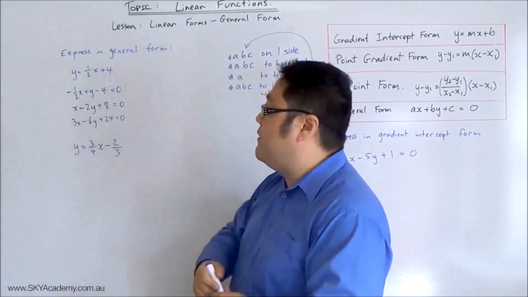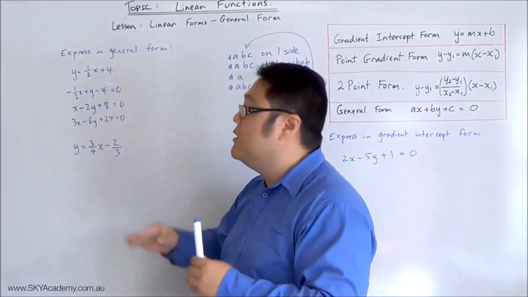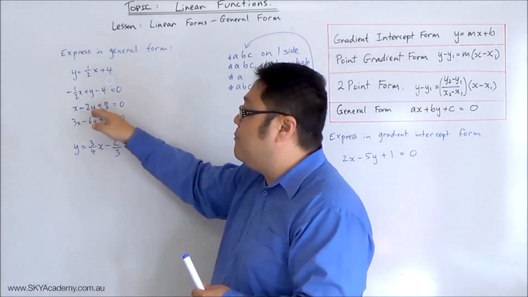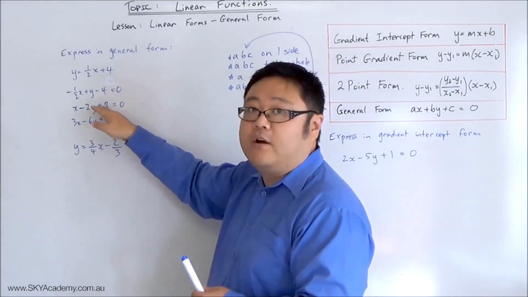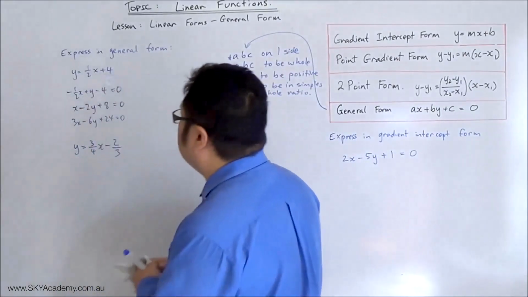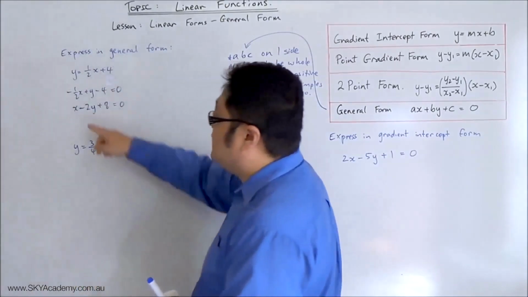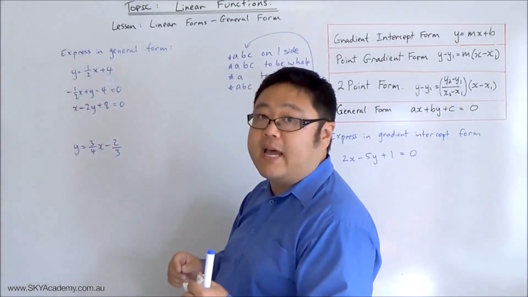See how we can divide everything by 3? That would give us a simpler whole number ratio, so that would be a better expression of the general form. So the answer is x minus 2y plus 8.